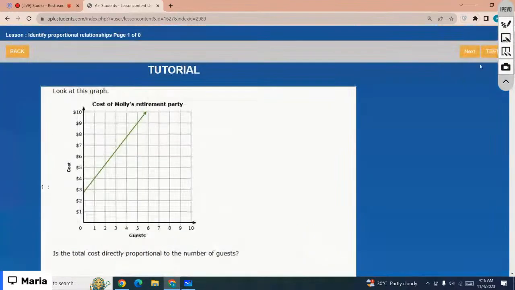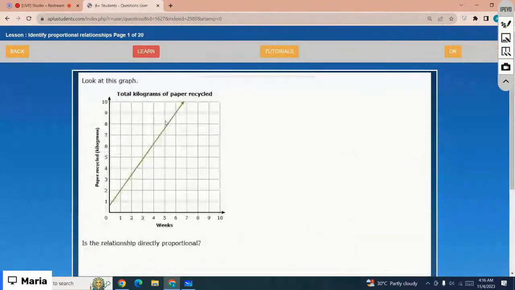Let's just start with the test questions. Okay. Look at this graph. Is this graph directly proportional? Yes or no?